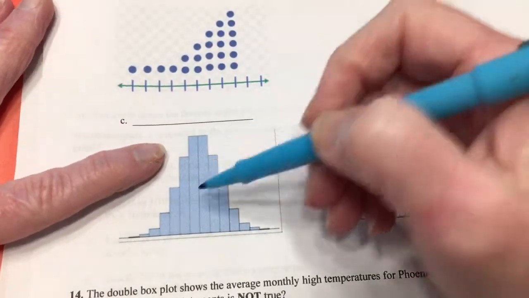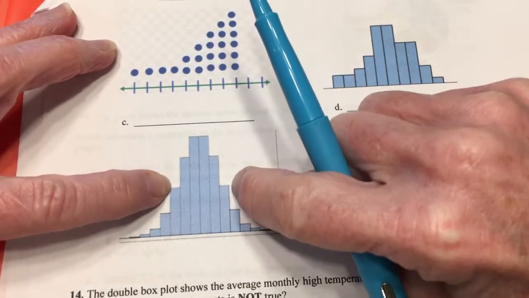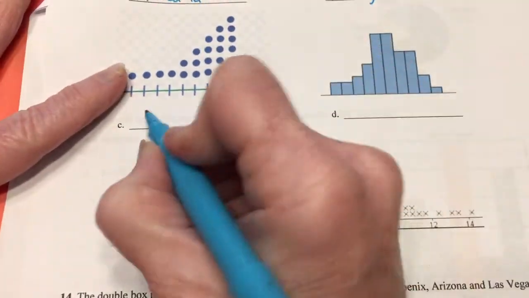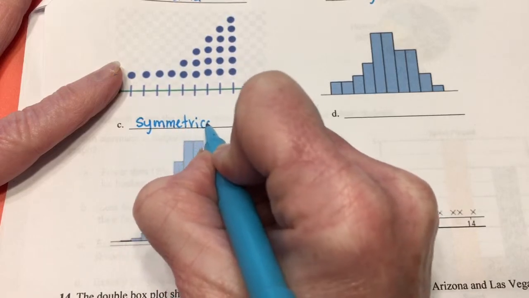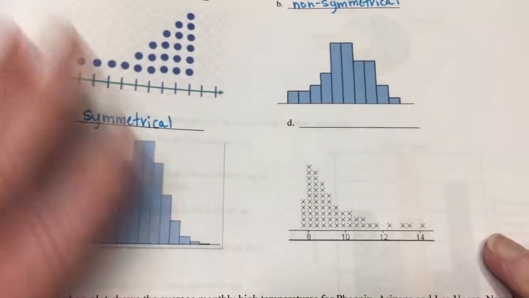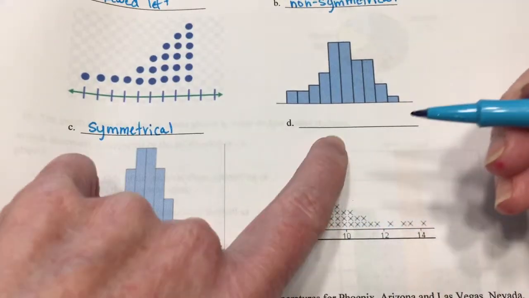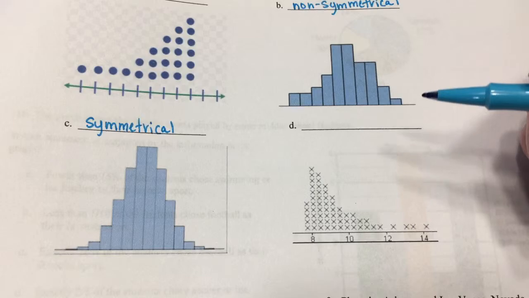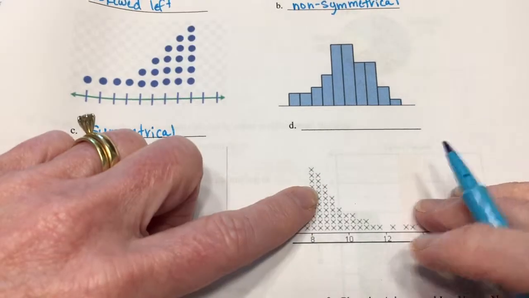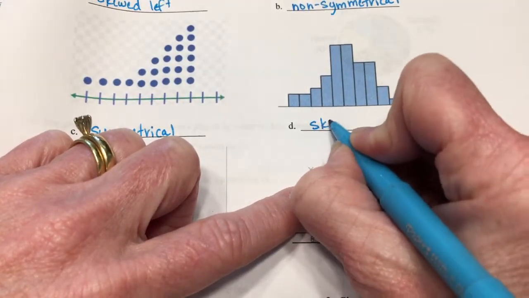This one, if I look at the middle and compare each half of the data, I can see these are exactly the same, so I would call that symmetrical. And here, if I found the middle of this data right here, I can see that I'm going to have a lot more over here. So I'm going to call this the left side, so this would be skewed right.